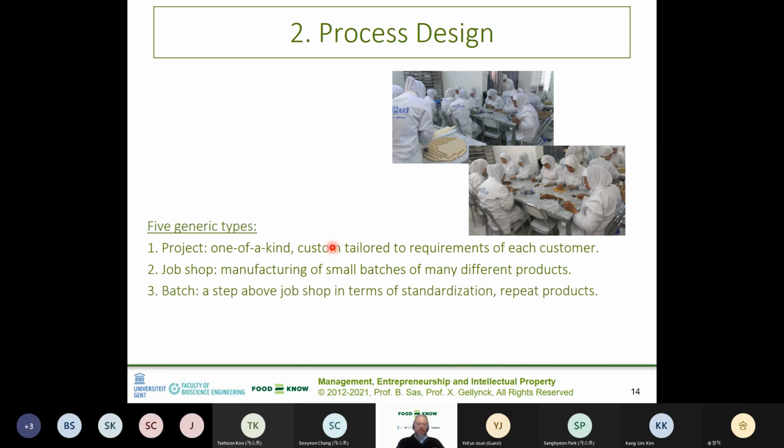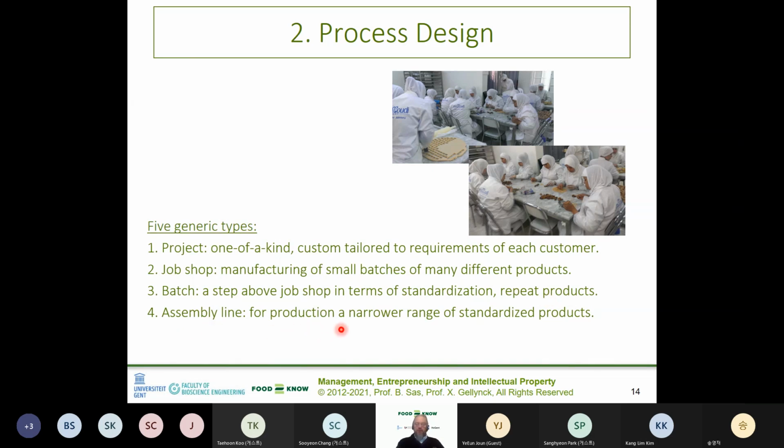So it was going already from a job shop with a lot of people to a batch system. So that's a step above a job shop, and there's more standardization and repeated handling and repeat products. And then you have an assembly line, which is a next step.